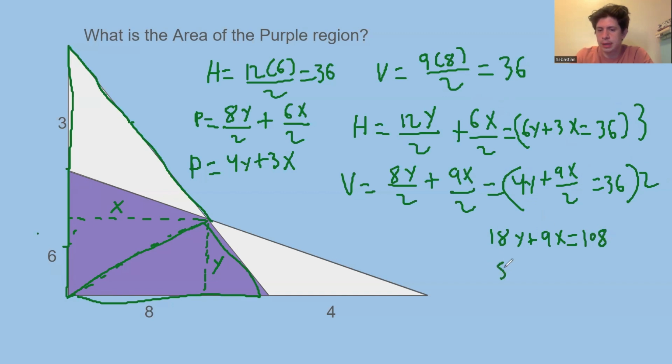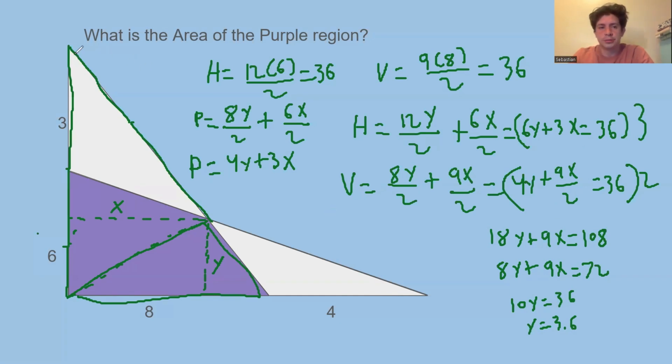And the second one is going to be 8y plus 9x equals 72. And when we subtract, we get 10y equals 36. Y equals 3.6. And now we can plug that into one of the original equations and solve for x.